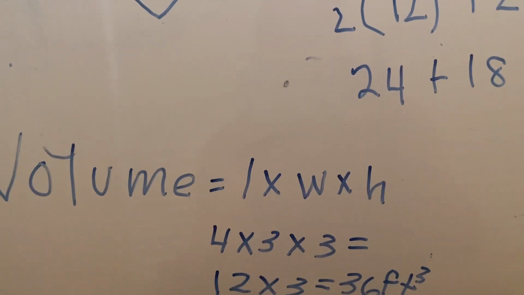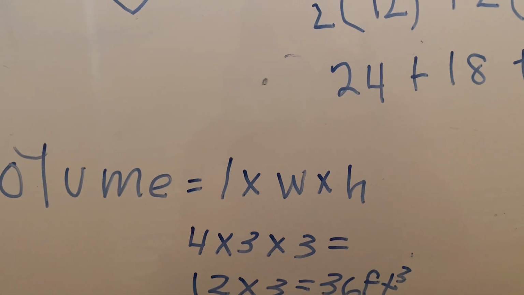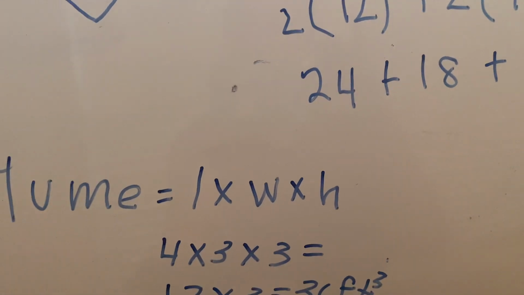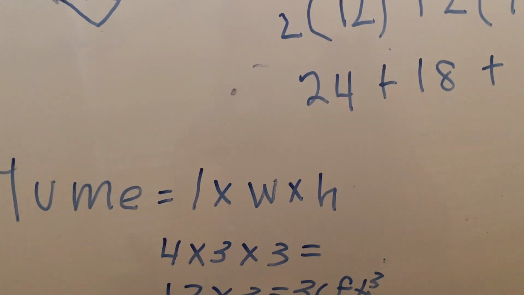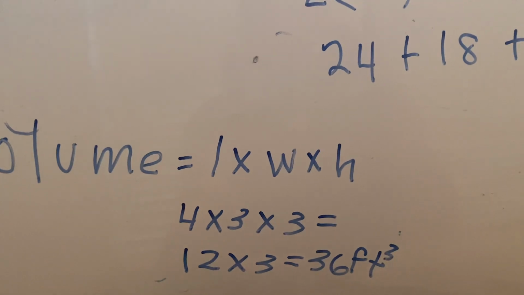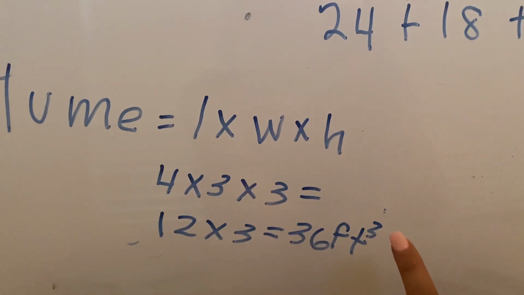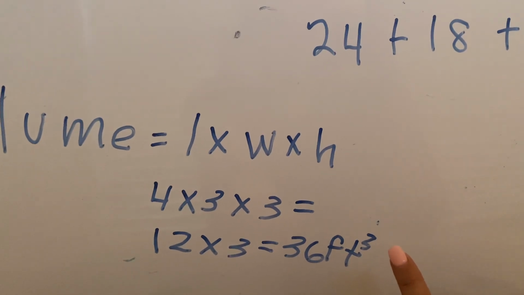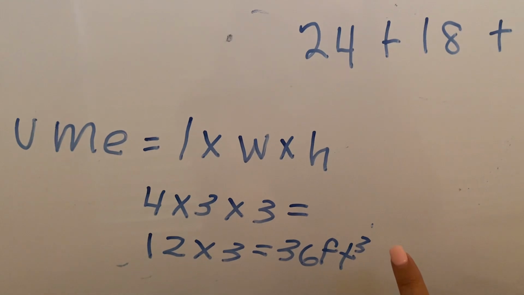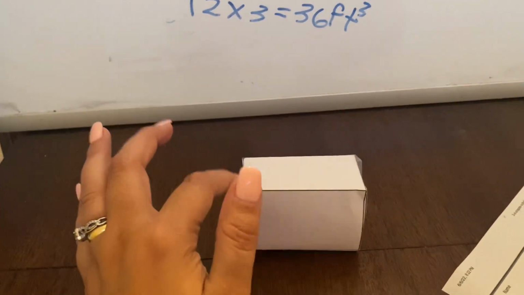So our length was 4 feet. Our height was 3 feet, and our width was 3 feet. So if we multiply this together, 12 times 3 equals 36 feet. And then remember this cubic symbol, that is to let everybody know that this isn't an area, this is a cubic foot, meaning this is what fits inside this chest.